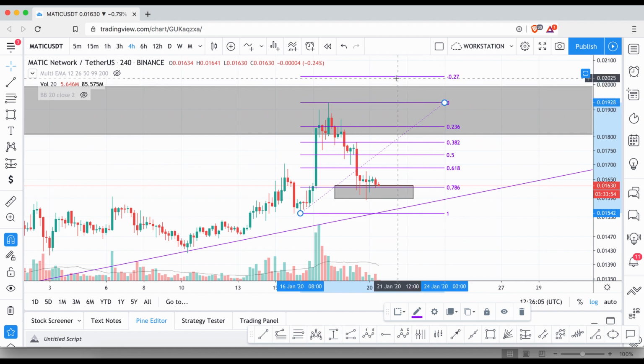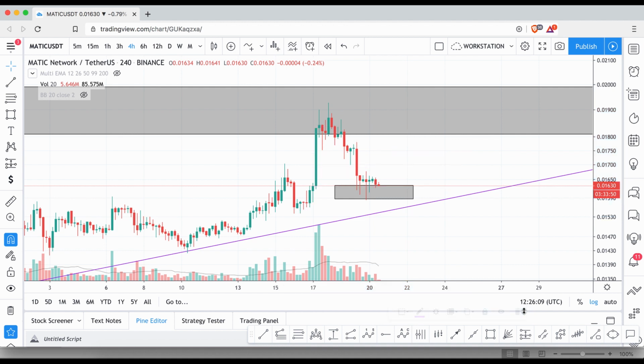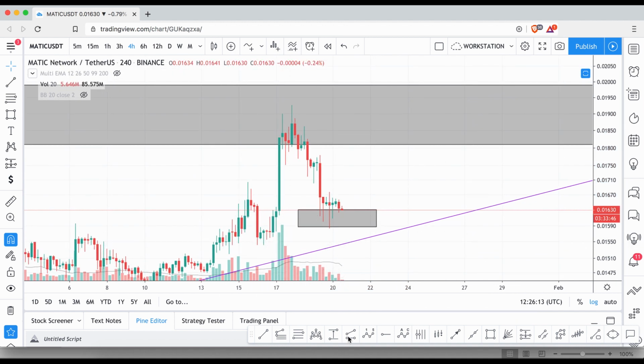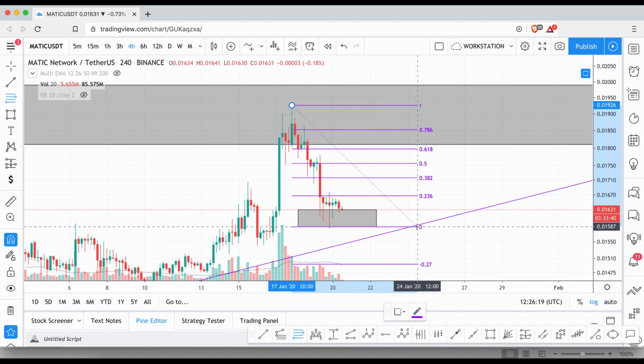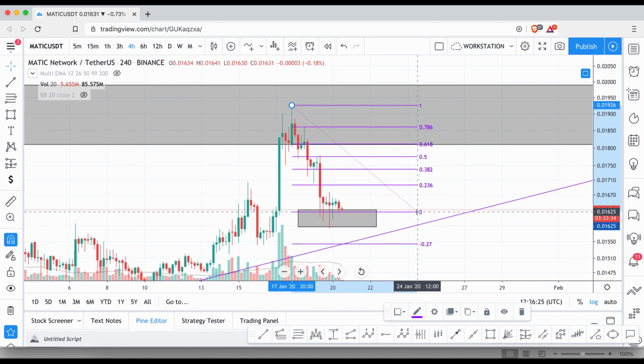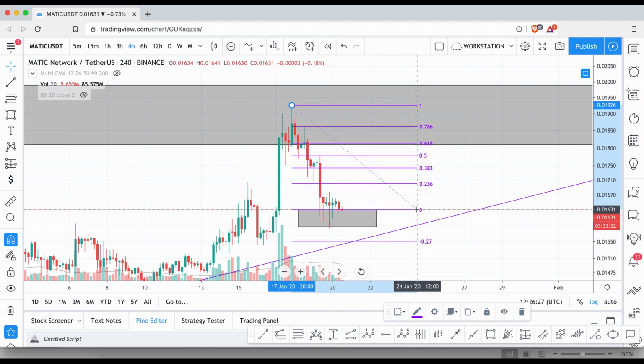Okay, next. Let's remove this for now. Okay, now if we use the Fib tool once more, now from the highest price to the current lowest price, then we can draw some possible targets. So let's put this a little bit higher, like this, because we can see here it's acting perfectly, then here the 0.5.